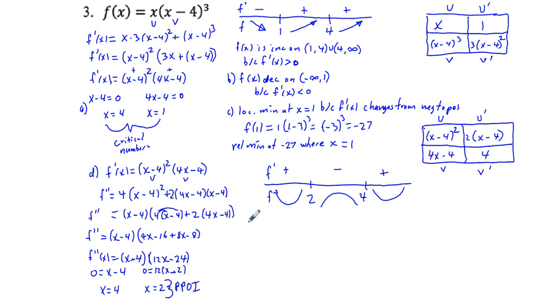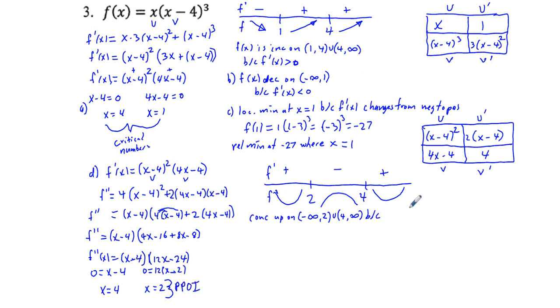So we're going to say concave up on interval negative infinity to 2, and also union 4 to infinity. Why?